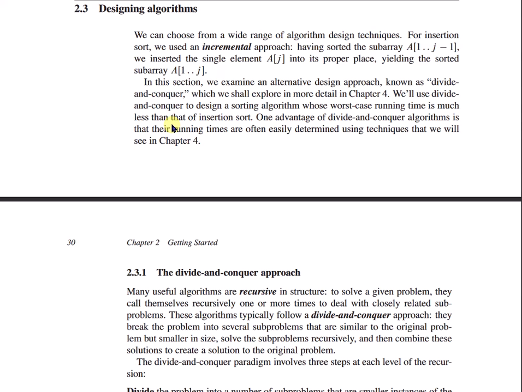In this section, we examine an alternative design approach known as divide and conquer, which we shall explore in more detail in Chapter 4. We'll use divide and conquer to design a sorting algorithm whose worst case running time is much less than that of insertion sort. One advantage of divide and conquer algorithms is that their running times are often easily determined using techniques that we will see in Chapter 4.